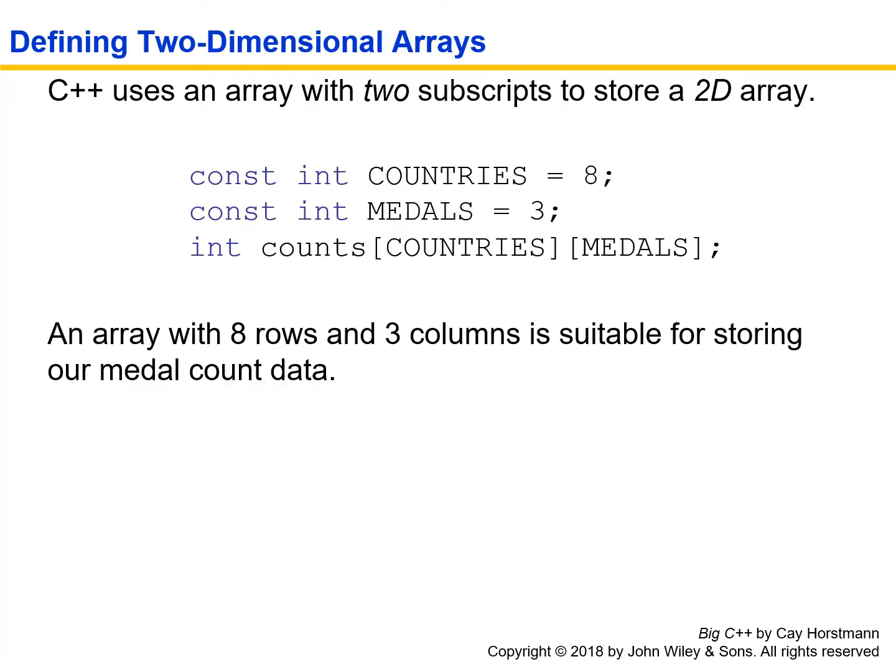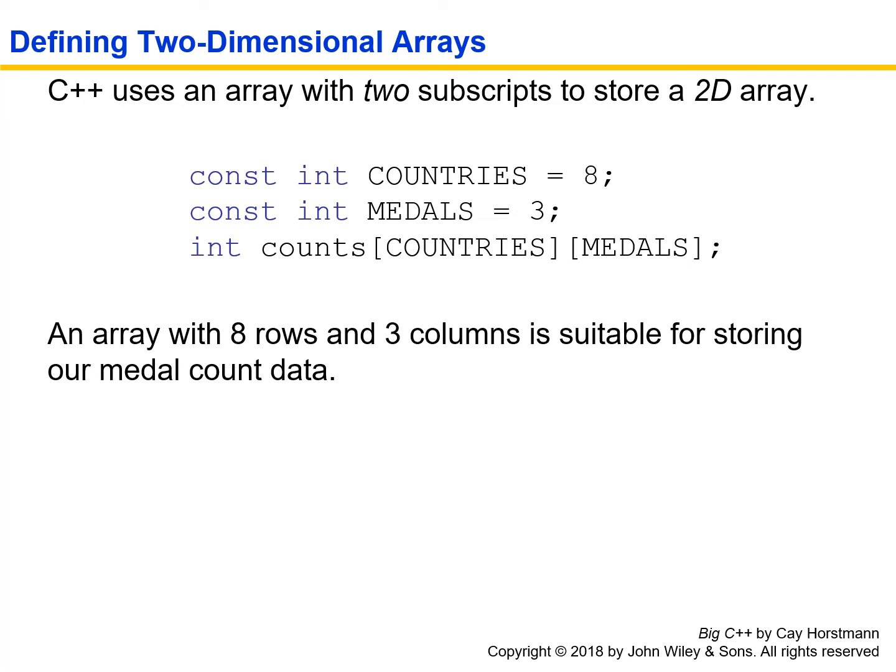So we make a two-dimensional array in C++ by using 2 subscripts in brackets to refer to the rows first and the columns second.